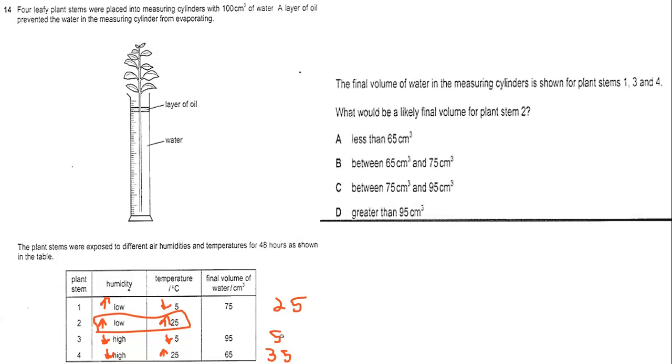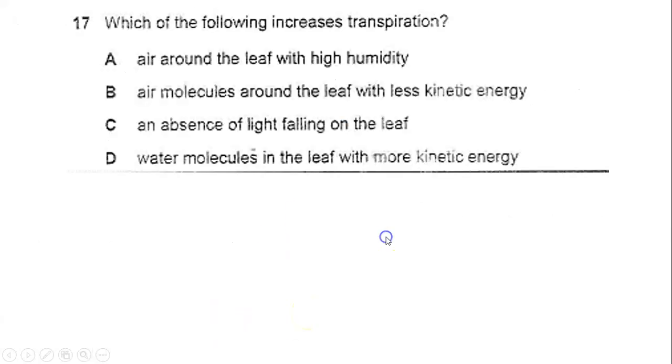If this is the least amount of water, though I had one factor that increases transpiration and the other decreases, so if I have both factors increasing transpiration, this means that the remaining water in the cylinder must be less than this one, right? So the answer will be A, less than 65 centimeters square.